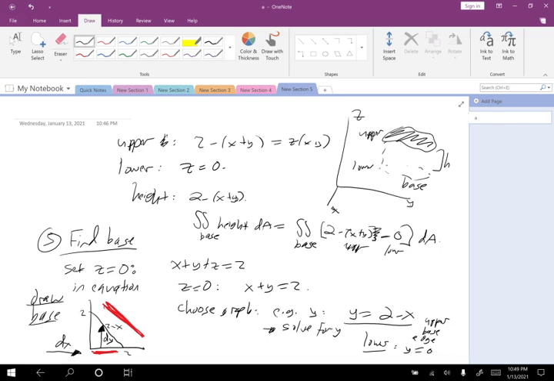So to find our x limits, just look at the left edge. And the left edge is x equals 0. And the right edge is x equals 2. Okay?